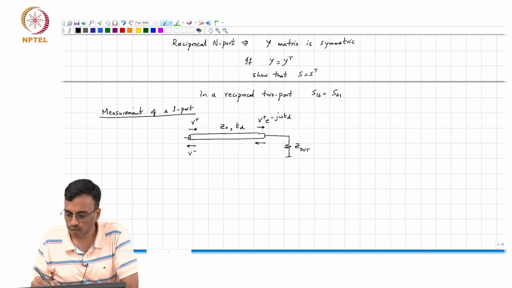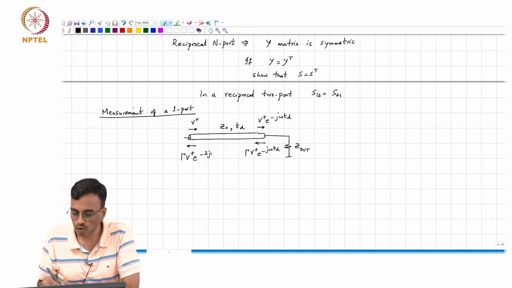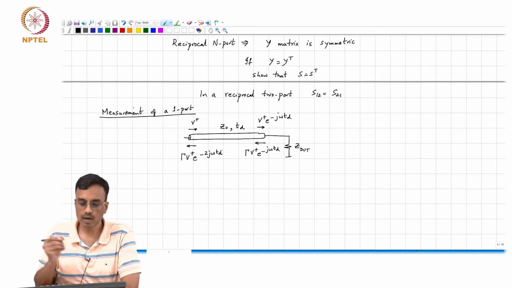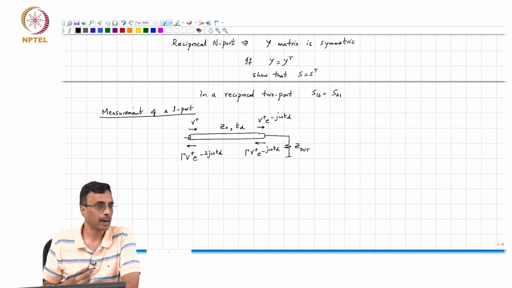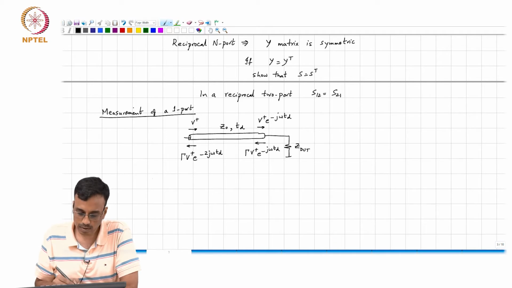We'll use the short form for this. This is gamma times V plus e to the minus j omega TD. So what is V minus here? Gamma V plus e to the minus 2 j omega times TD, correct?